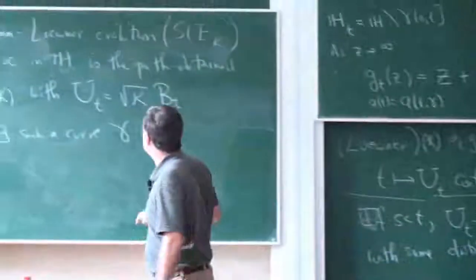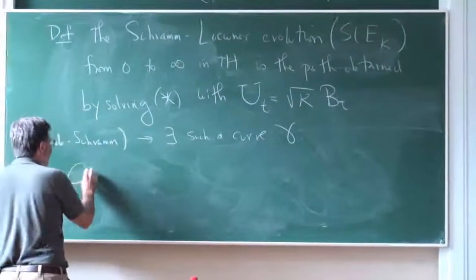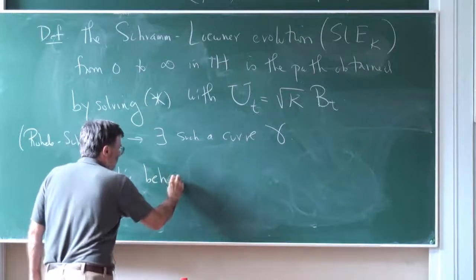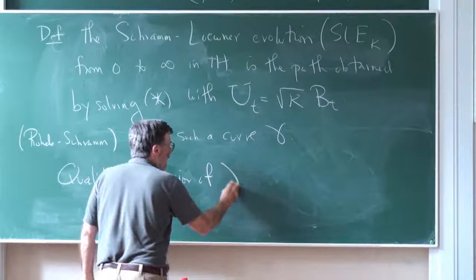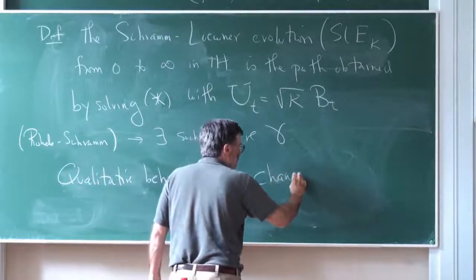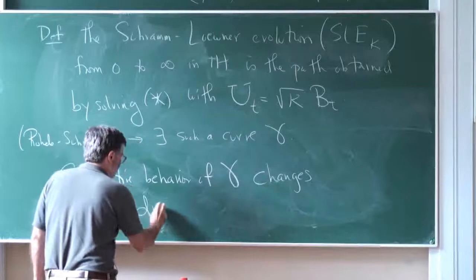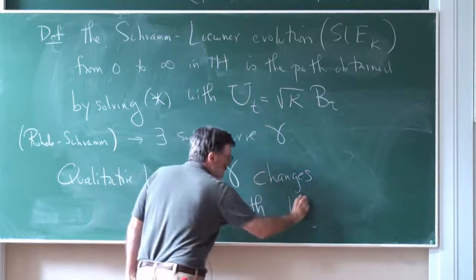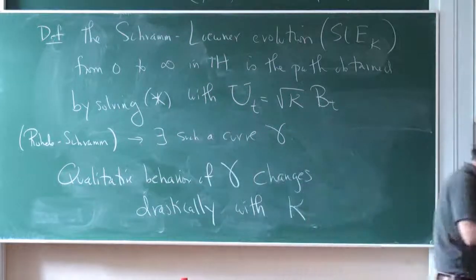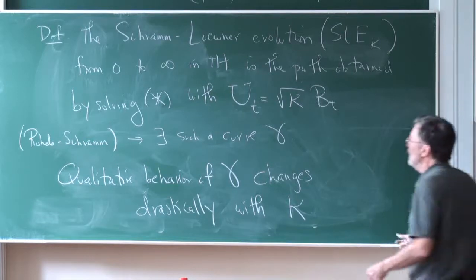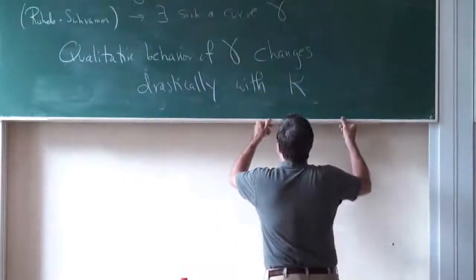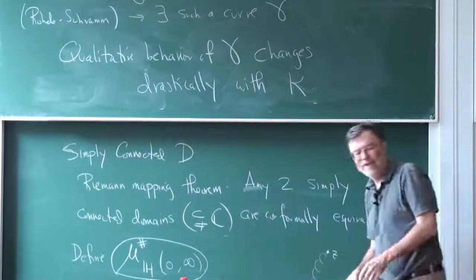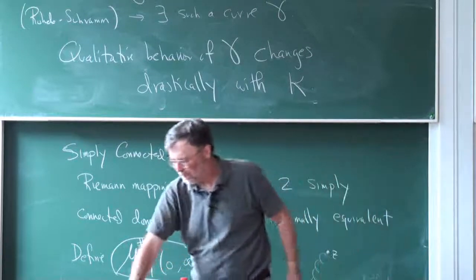For SLE, the amazing thing is that the qualitative behavior of gamma changes drastically as you change kappa. So let me first state some of the facts about this, then I will discuss a little bit about the proofs, at least some of the proofs.